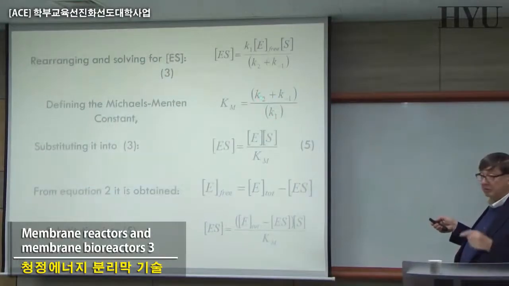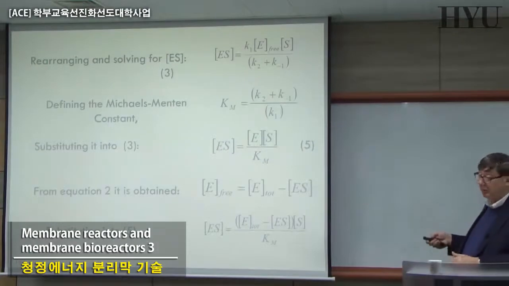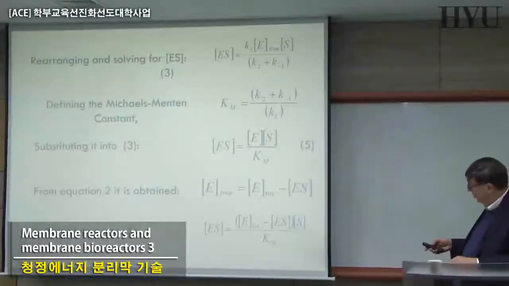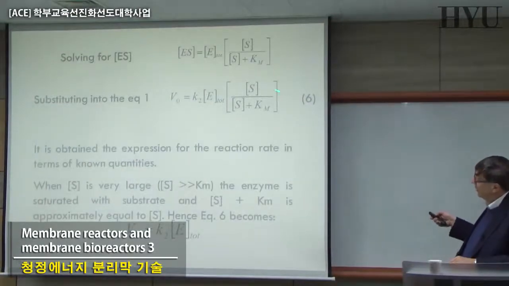And remember, K is the kinetic constant of the different hypothetical reactions that are taking place. Now if you substitute this Michaelis-Menten constant in this equation here, and you remember the equation that we wrote before, you will have this kind of expression, and at the end you will have this kind of relationship.